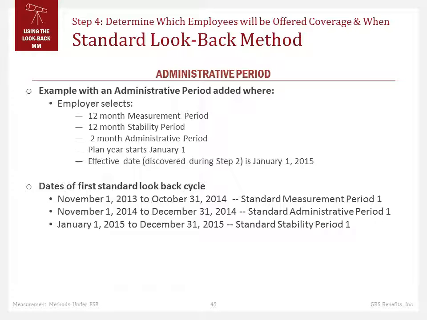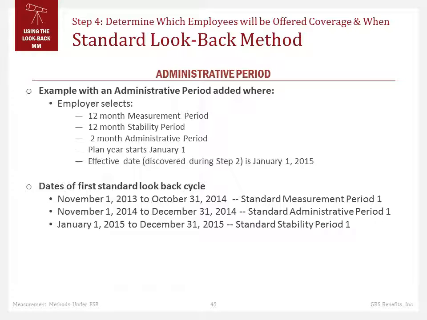So this is the most common scenario that we have because most of you who got more than 100 in step 1 have calendar year plans, although I know there are exceptions. And so this is what your cycle likely looks like when you put together your step 4 measurement method policy.